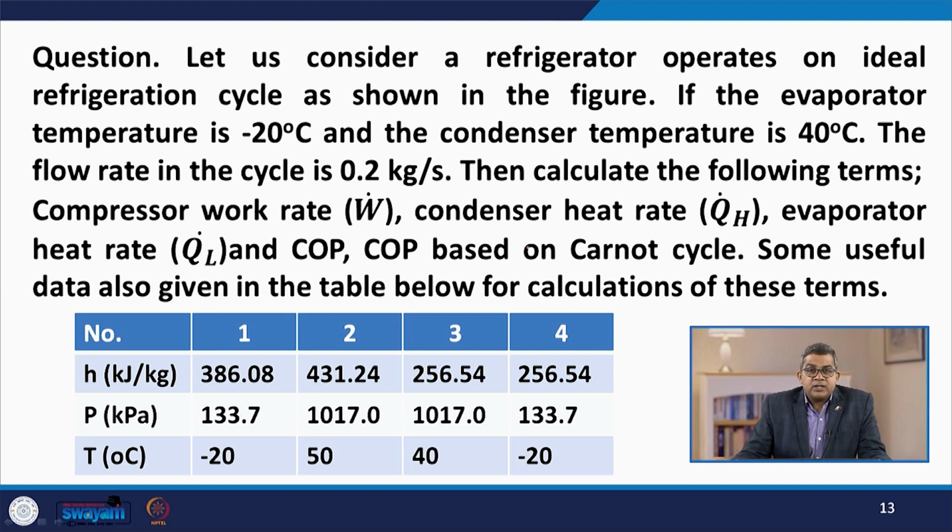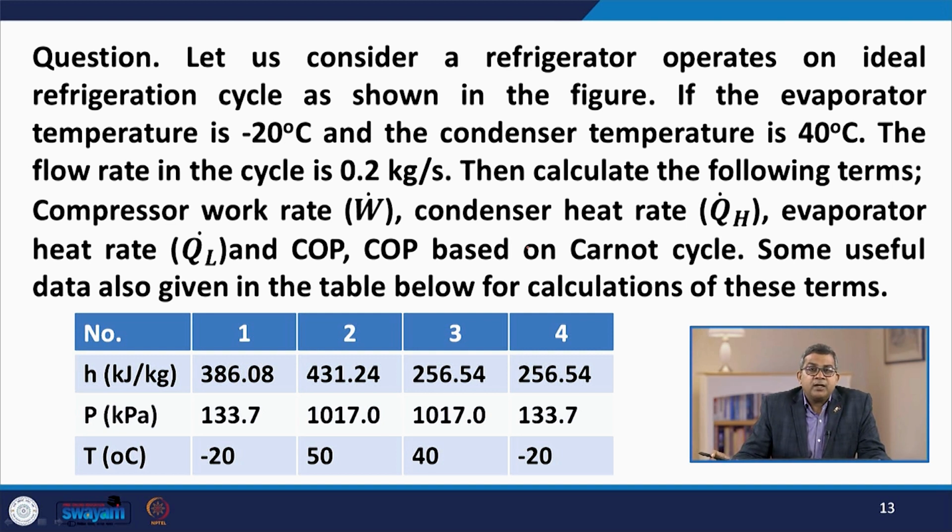For stage 1, the enthalpy is 386.08, for stage 2 it is 431.24 kilojoule per kilogram, and stages 3 and 4 are the isenthalpic operation, and that's why the enthalpy is constant, 256.54 for each.